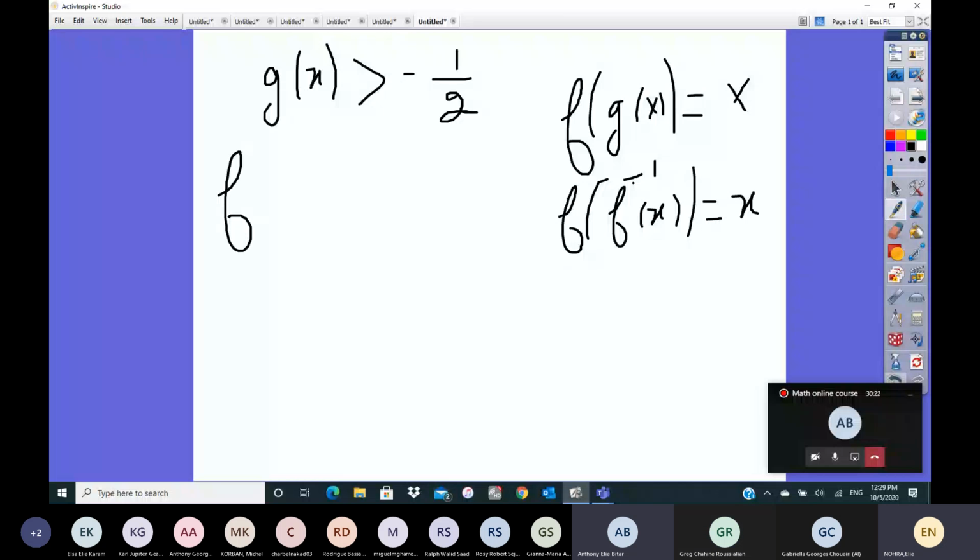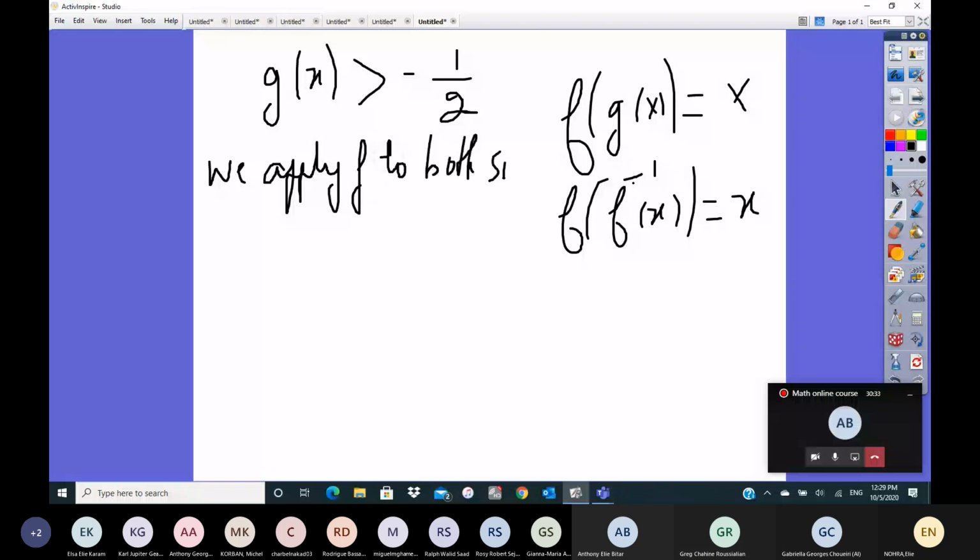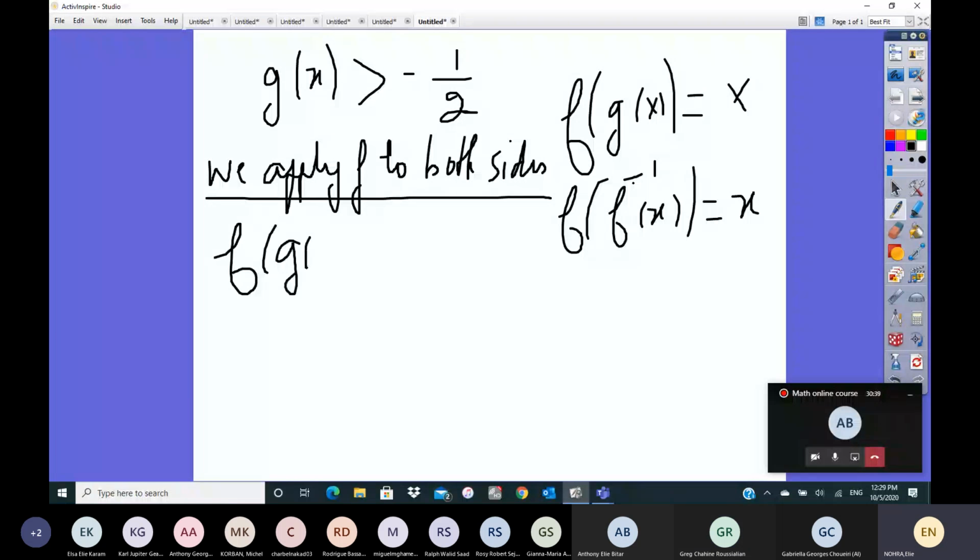We apply f on both sides. What do I have? f of g of x greater than f of minus half. Did you understand now?